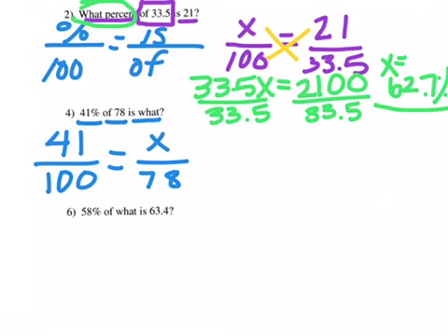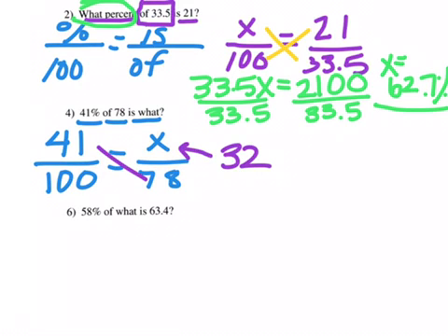Again, you cross multiply and divide like we did in the previous example. So I cross multiply 41 times 78, then I divide by 100, and I get 32. And that is what 41% of 78 is.